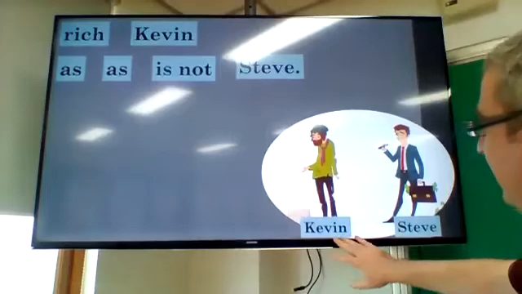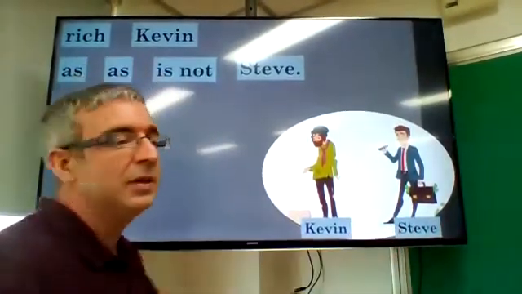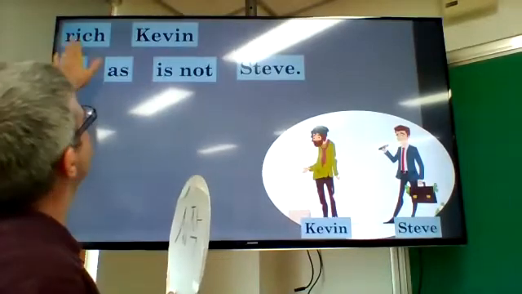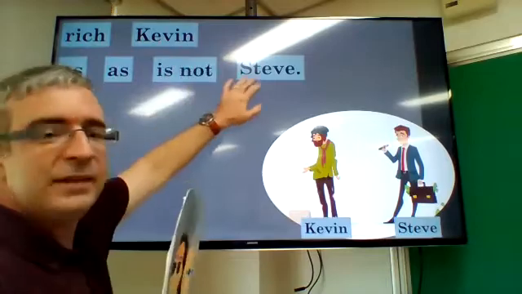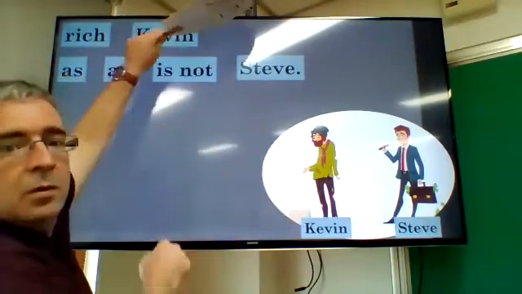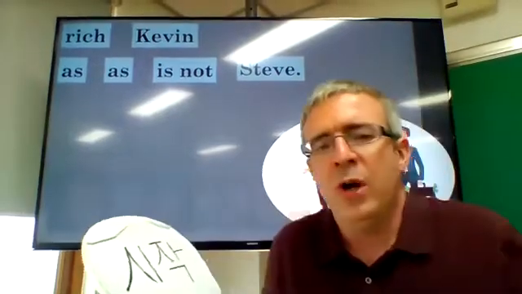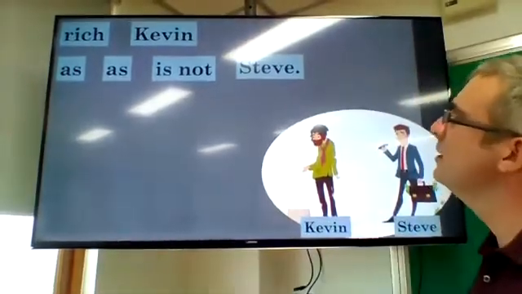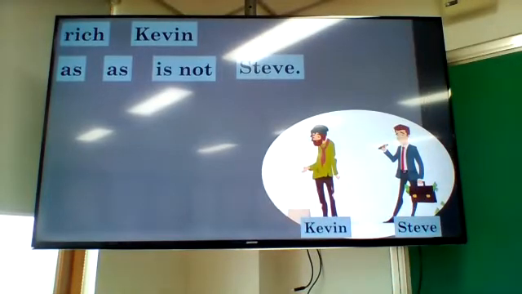Yeah. So here I've got a scramble. We've got Kevin and Steve and rich, not, as, is. So what would go first? Kevin, yeah.